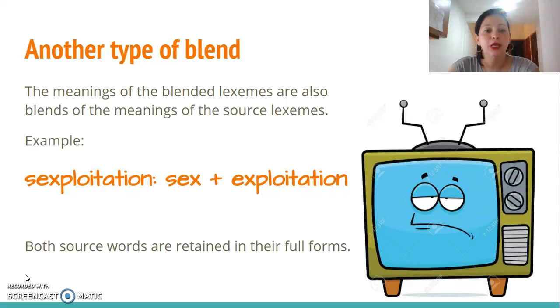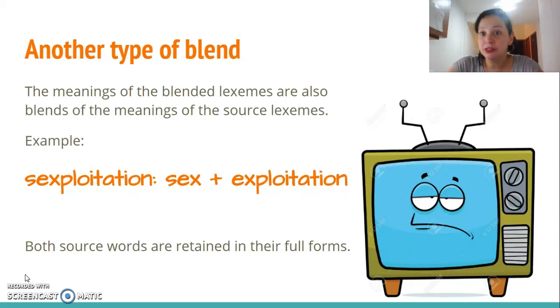When we see the word sexploitation, there are two words, and we put them together, but they keep their full forms. If you don't know what sexploitation means, I found the meaning: it is the commercial exploitation of sex in film or other media. So, keep going with our topic.